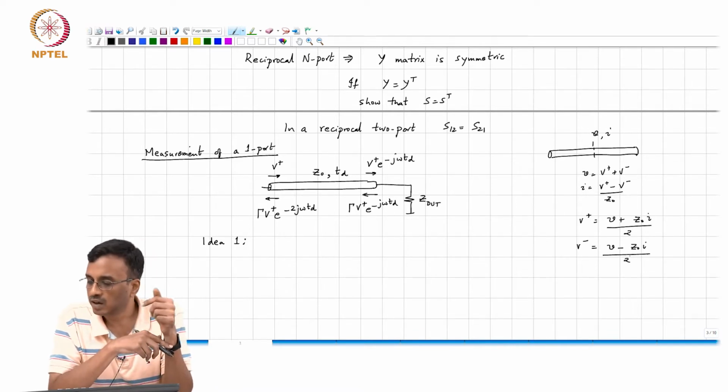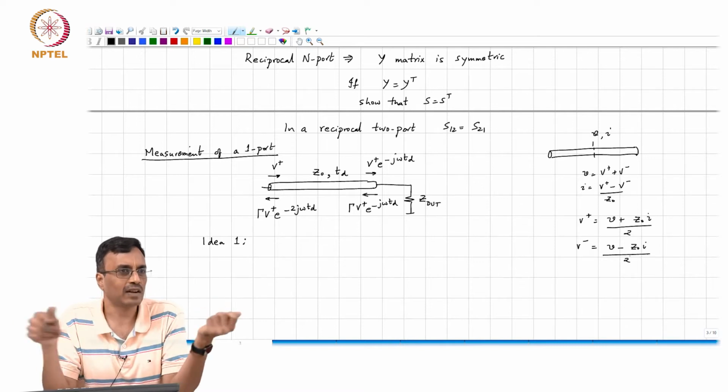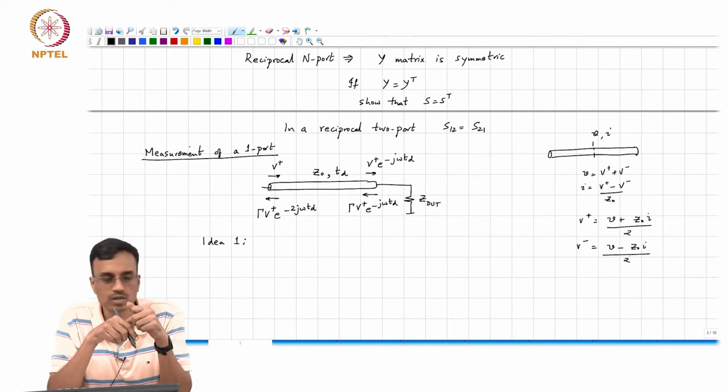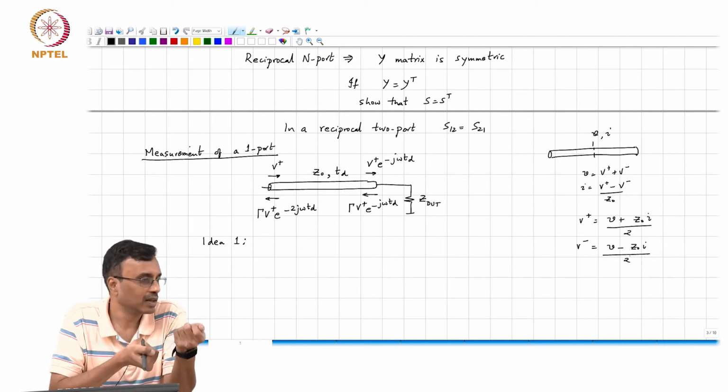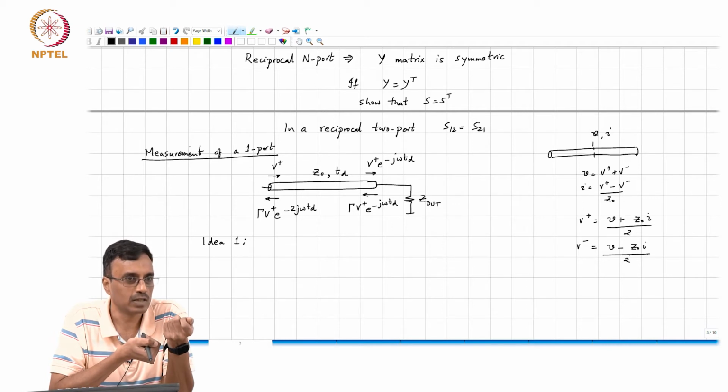And measuring voltage is easy. At least in principle, measuring the voltage is very straightforward. You just need to stick something in parallel with that node and you will be able to find the voltage.